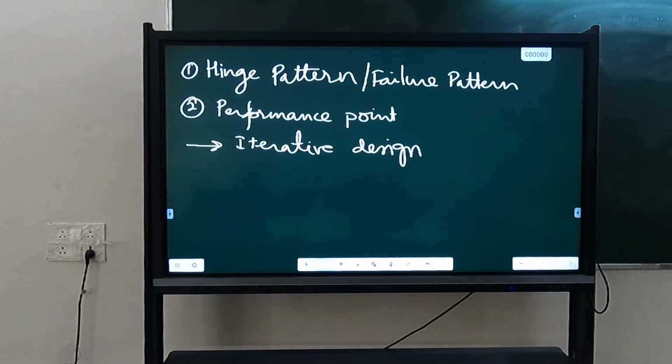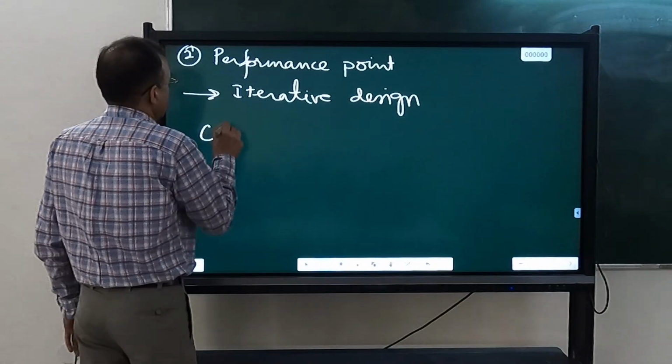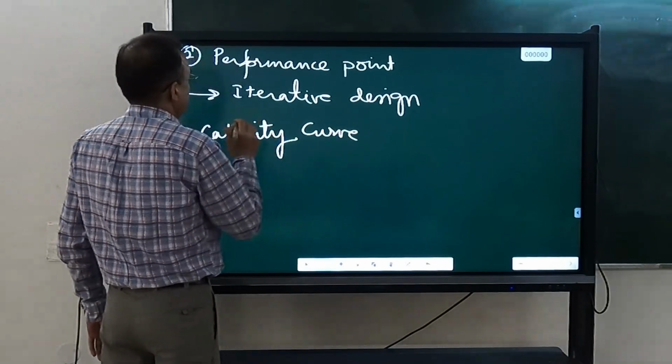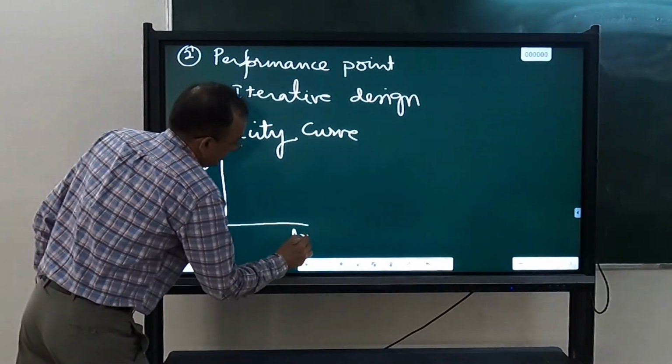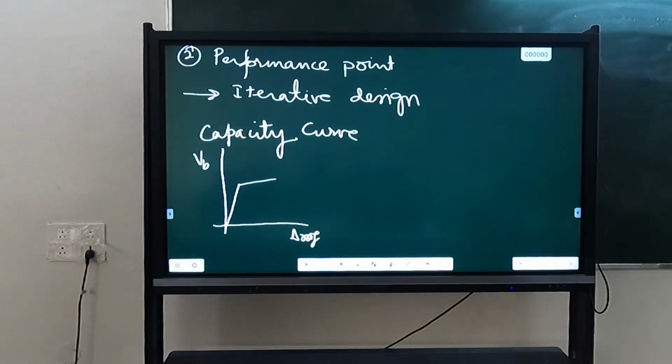So now using that, can you solve tutorial number 5? Let's have a look. Right. Okay. So a simple capacity curve, you can plot an elastoplastic capacity.